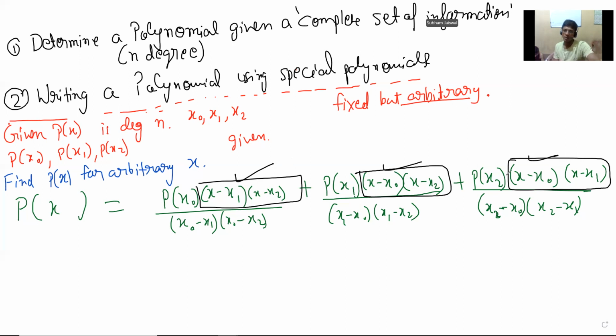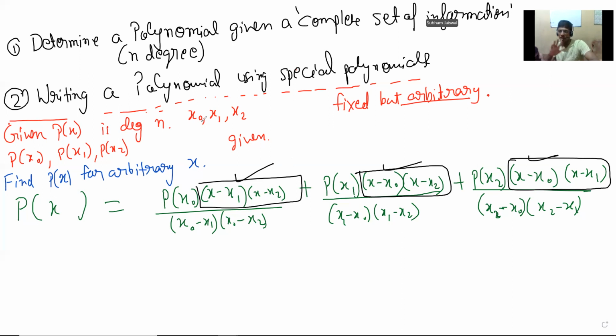This is what I was trying to say: let's say we are in the 2-degree world, given quadratics, so degree n and n plus 1 points.